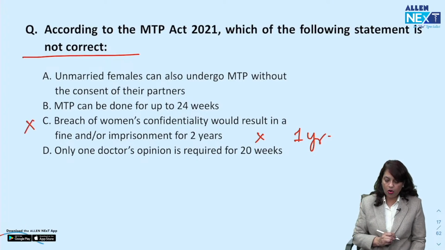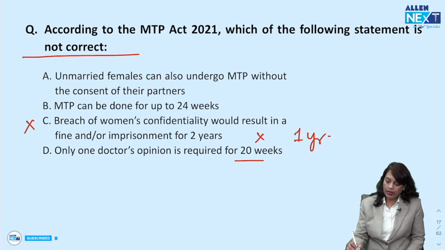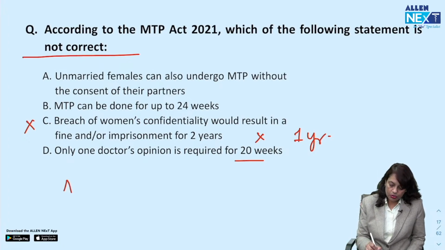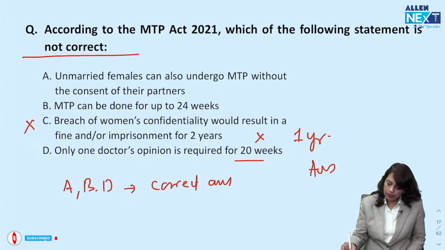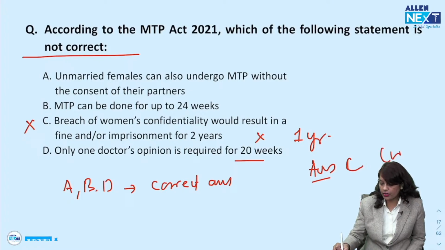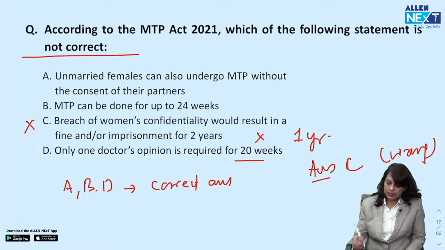So this is the wrong answer. Only one doctor opinion is required up to MTP for 20 weeks. That is also correct. So A, B, D are correct answers. So the answer to this question is C, which is a wrong statement.